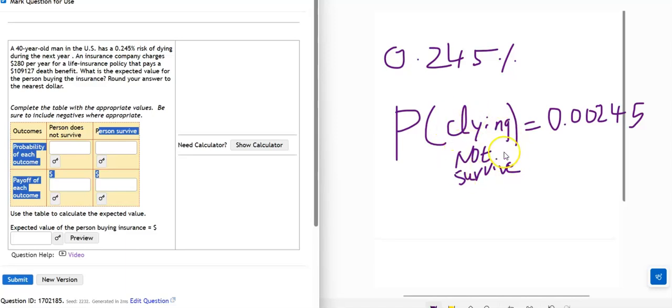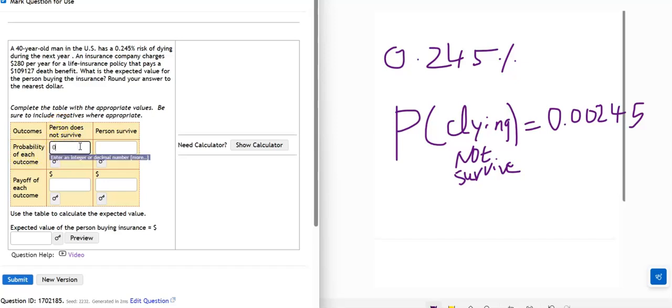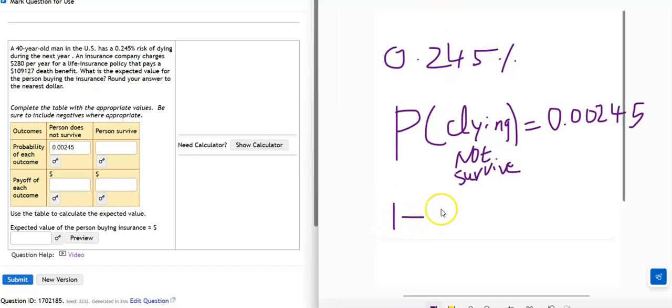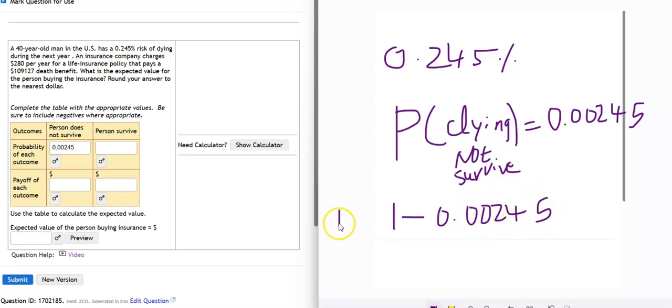But remember that the person's dying probability is 0.00245. So here, the probability of the outcome where the person does not survive is 0.00245. Okay, so what's the probability of the person surviving? The probability of the person surviving is going to be 1 minus 0.00245.